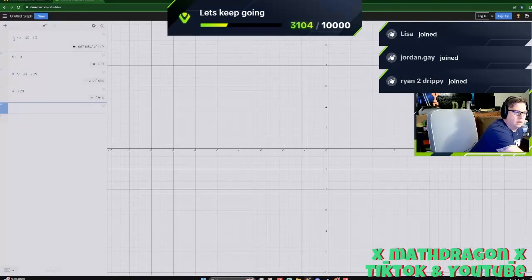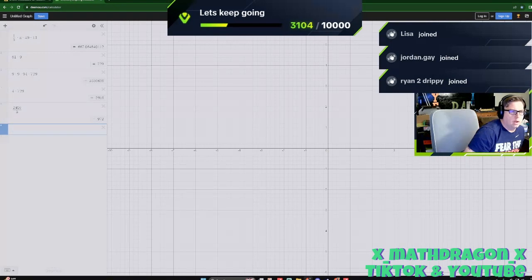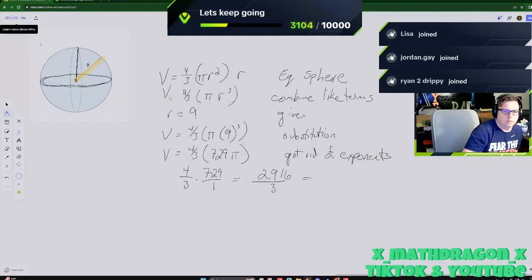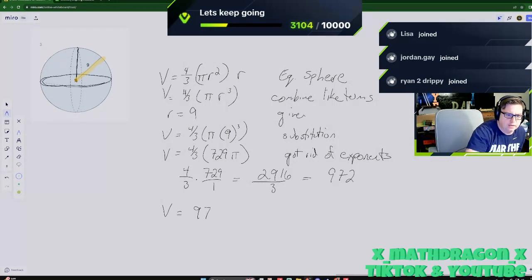So 2916 divided by 3, and we should get 972. So now V equals 972 pi.